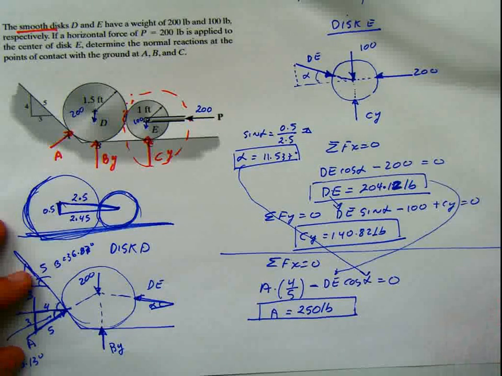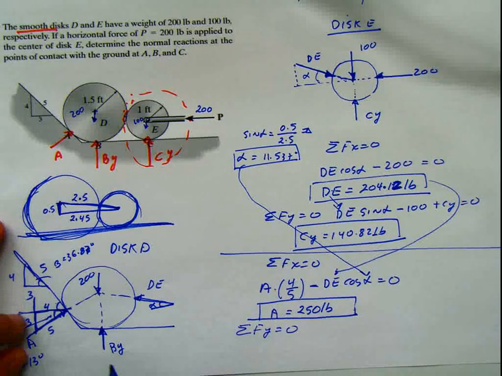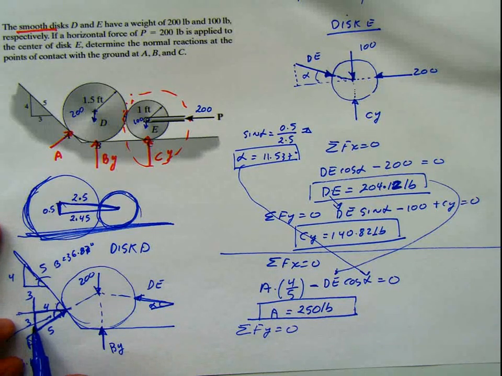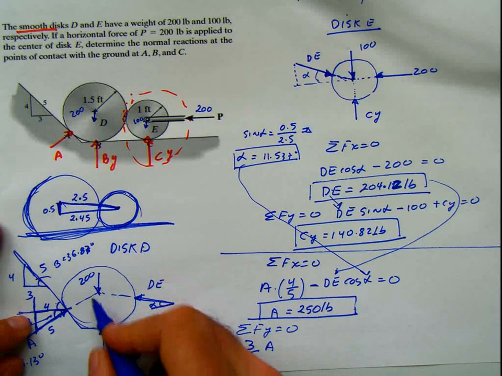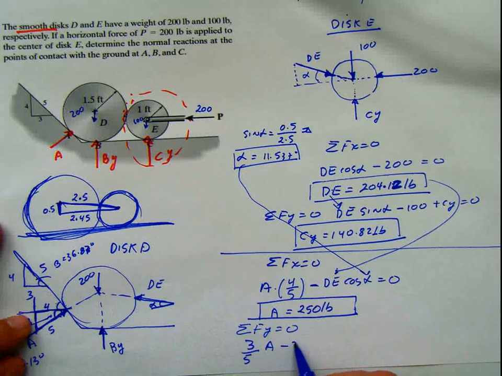Now, if I do summation of forces in Y equals 0, then I'm going to have 3/5 of A minus 200.